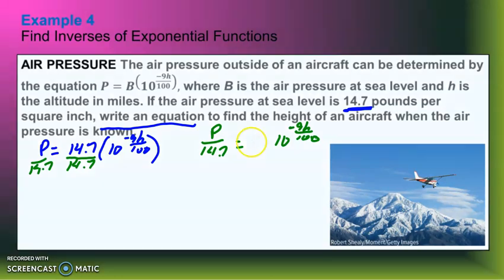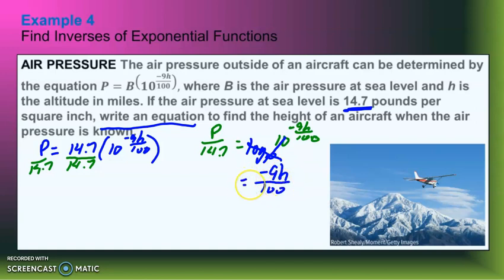So if I take the log base 10 of 10, log base 10 of 10 is 1, which means they undo each other. And that would mean I would have the exponent now down below, so it would be negative 9h all over 100.